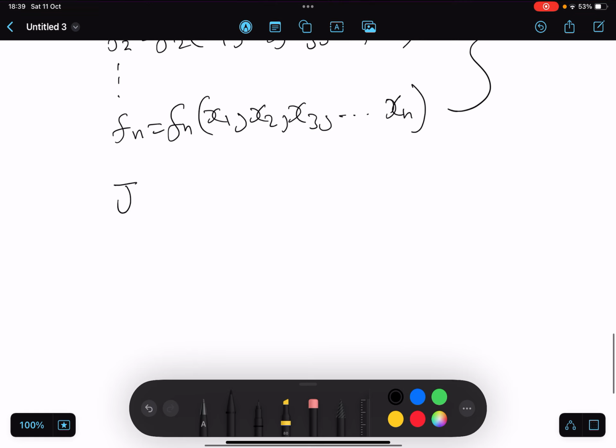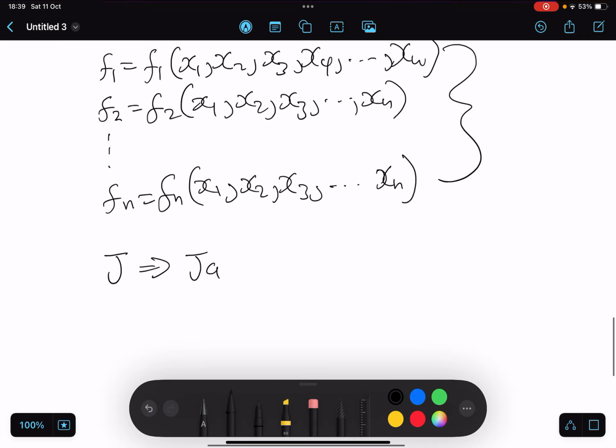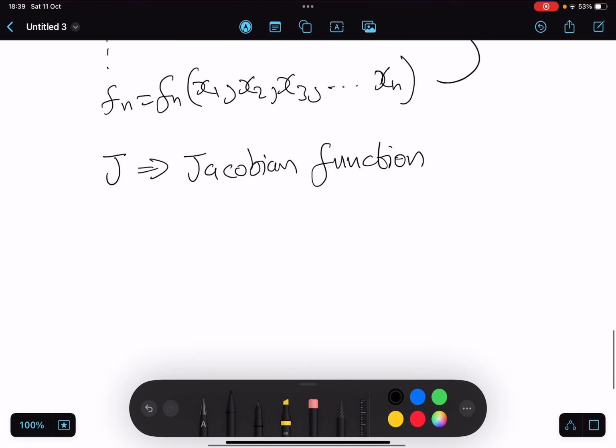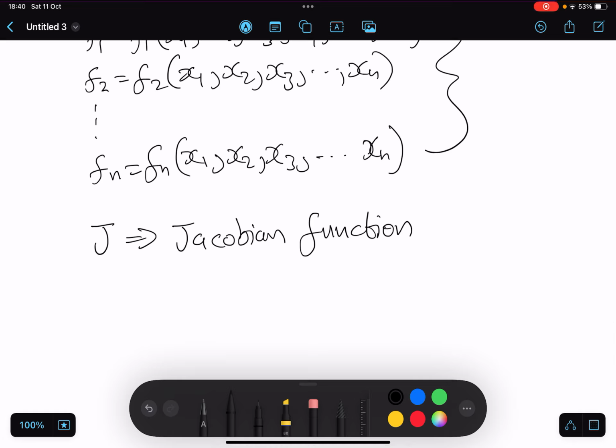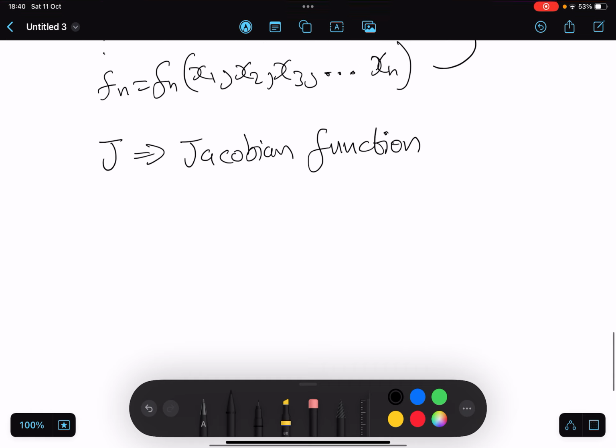It's represented with J. We want to find the Jacobian function for this system of equations. Here we still use the same principle of partial derivatives, but we also apply the principle of the determinant of matrices. So first of all, we form this function using the determinant of matrices.